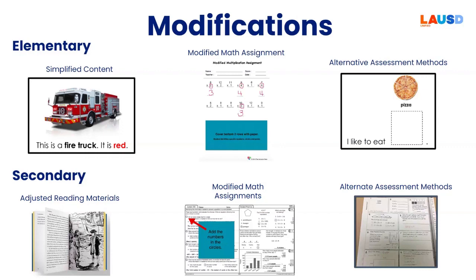Now, let's examine some common examples of curriculum modifications tailored to meet a child's needs. These may include simplified text and alternate testing methods. It's important to ensure that students only receive modifications if they are explicitly outlined in their IEP.